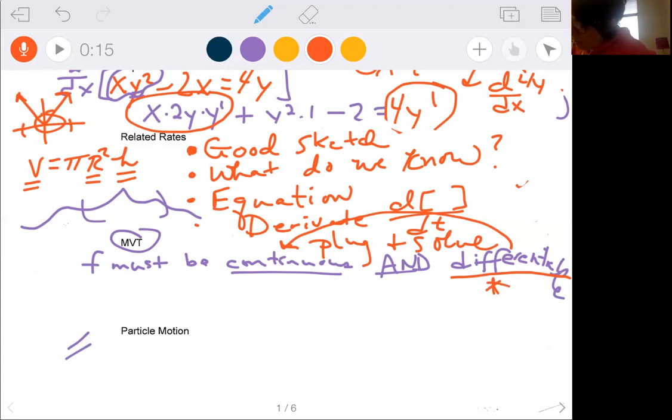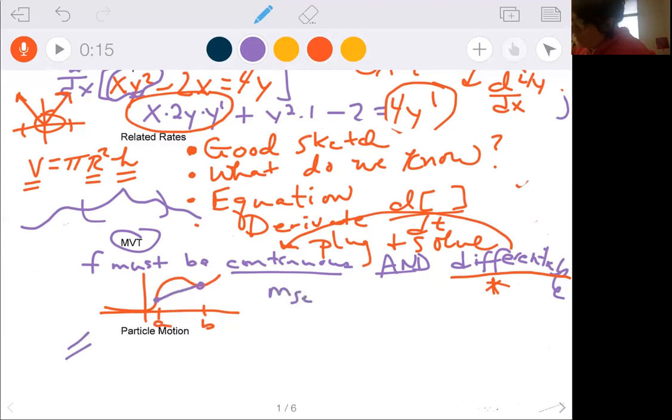If a function's continuous and differentiable, what the mean value theorem says is that on any given interval on which the function's continuous and differentiable, there has to be at least one place where the average rate of change, or the slope of the secant line, and I told you guys to write m sec.